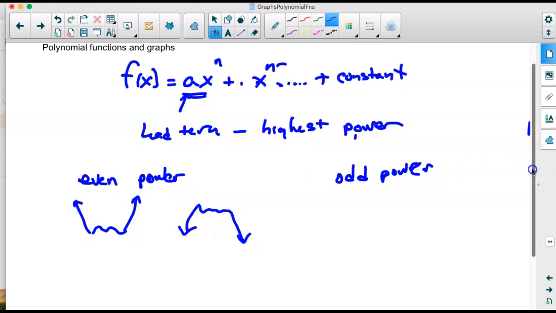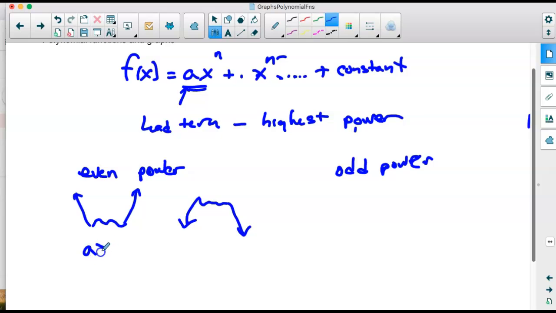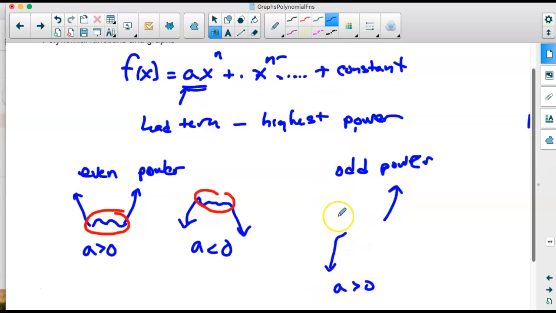If a is positive, then it's going to look like that. If a is negative, then it looks like this, with something happening in the middle. There may be some turns. If we have an odd powered function with a positive, it's going to go this way and continue to go this way, and there could be something happening in the middle.